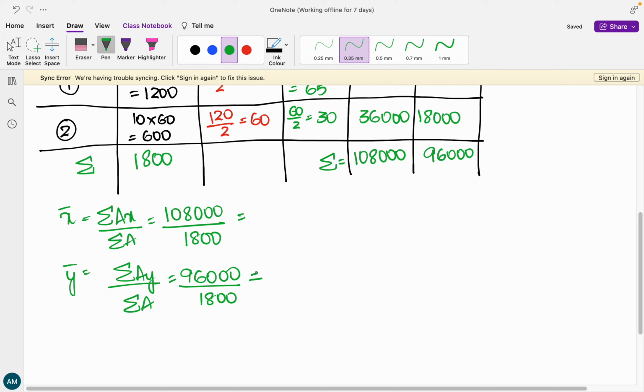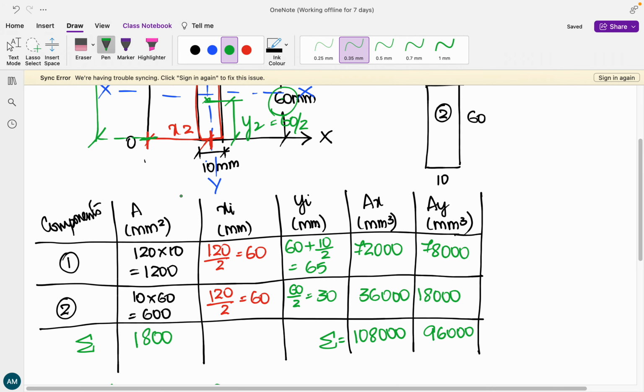If you calculate it, in the first case you get a value of 60 mm. Make sure to write the units. The next one is 53.33 mm. So with this, the problem is done. This is your x bar and y bar.